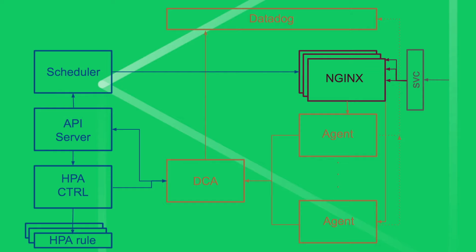On the left side, we have the autoscaling element. So a user will create an HPA rule that specifies a metric we want to use, a threshold, and a target. What is the deployment we want to autoscale given the value of the metric we collected? And then we have this key component in the middle called the Datadog Cluster Agent, or DCA.